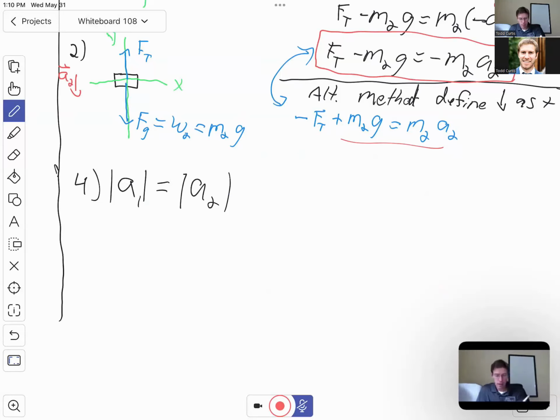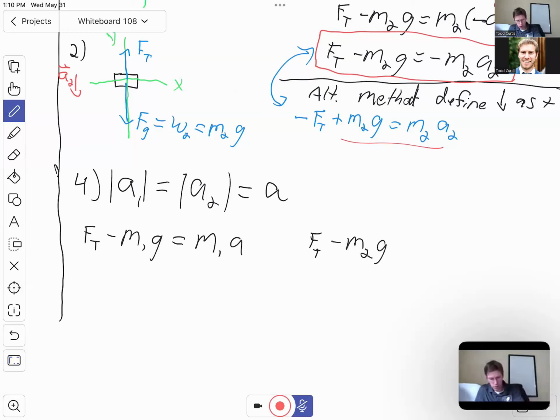So now that we have that in mind, we can redefine A1 and A2 as the value A, and then rewrite our 2 equations. We have the force of tension minus M1G equals M1A positive, since that's accelerating up. And similarly, we have force of tension minus M2G equals negative M2 times that same acceleration. Now you can put these 2 equations together to solve for T and also for A, as the question asks.